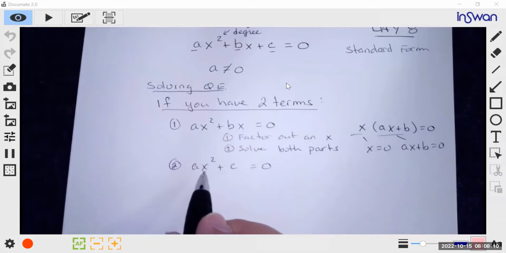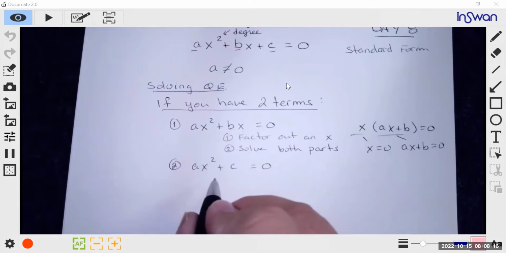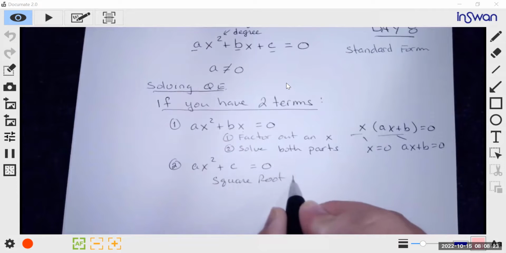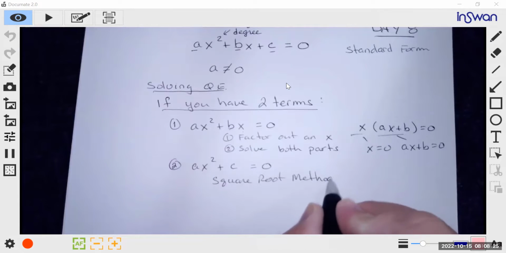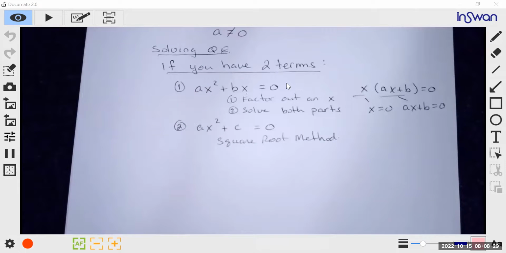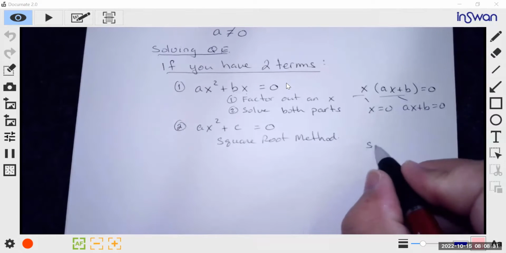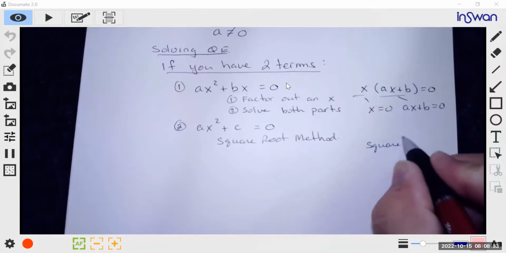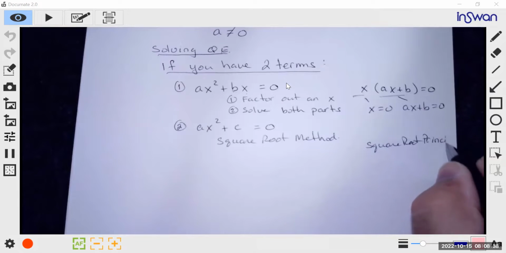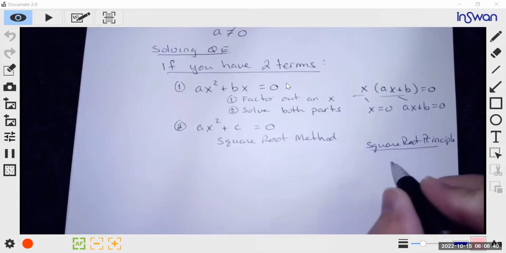If you have 2 terms and only one term has the x, the x squared's there, then we have to use the square root method. The square root principle says this.